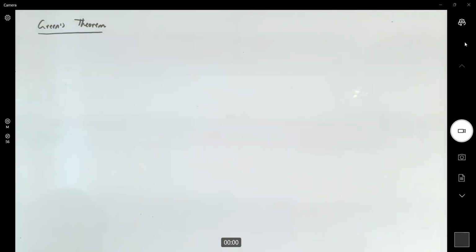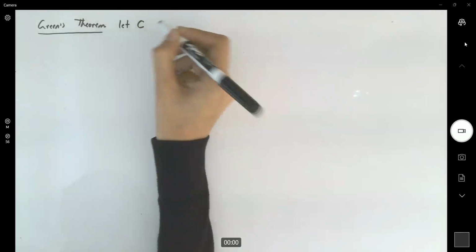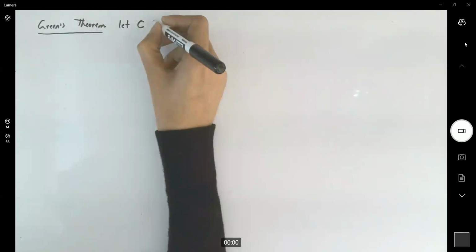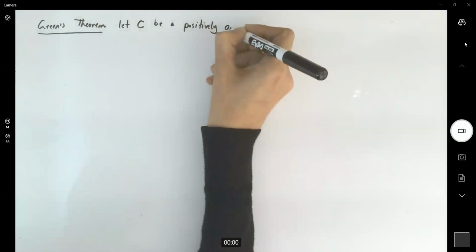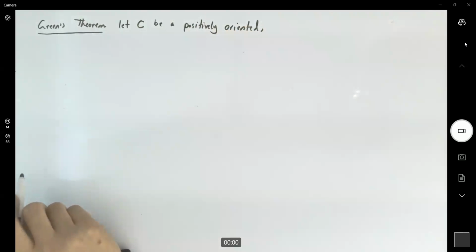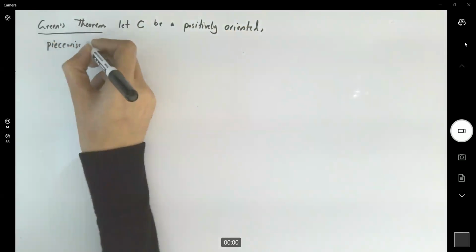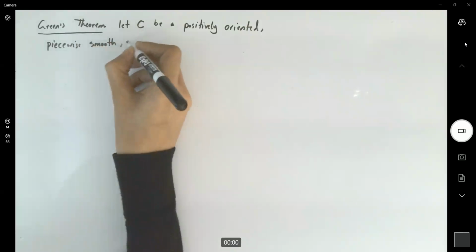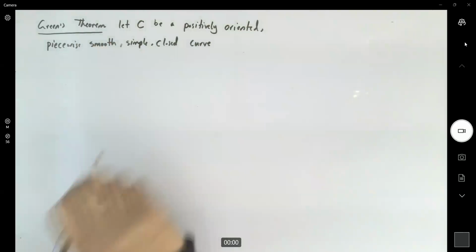So this says, suppose you have a curve C which is positively oriented, which is moving counterclockwise, and piecewise smooth, simple, closed curve.